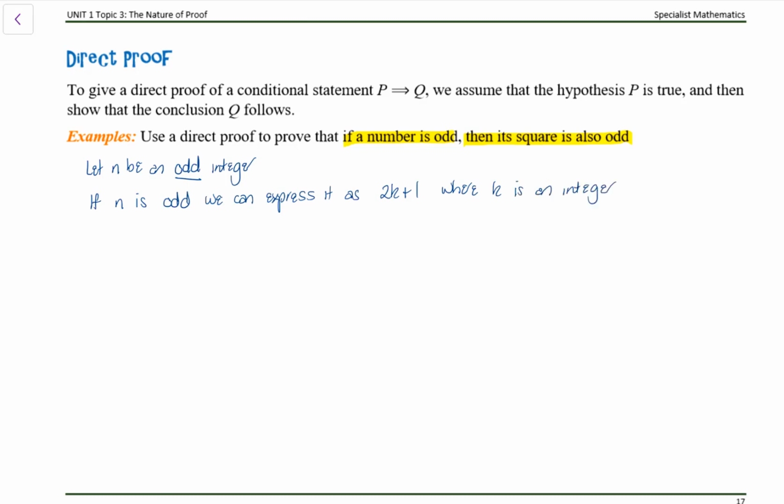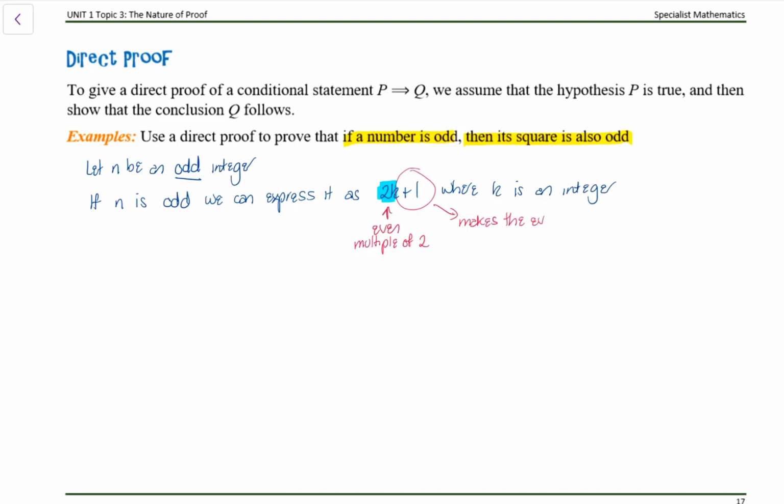Now this is a common process, and you'll see that as we do examples. So this 2k here has to be even because it's a multiple of 2. And then adding 1 makes it odd.